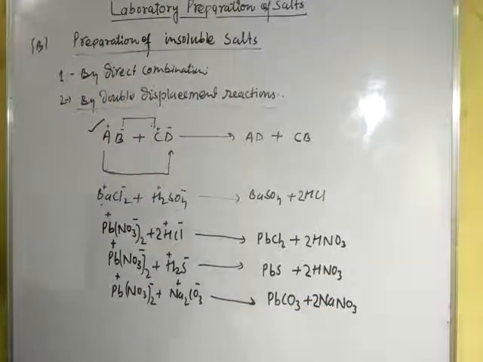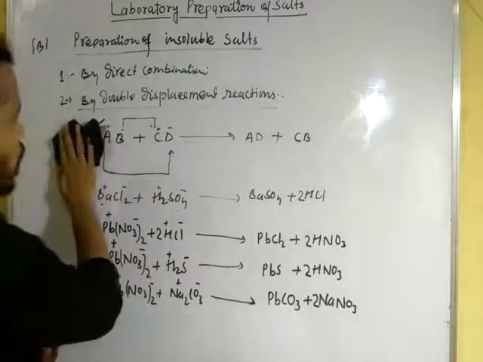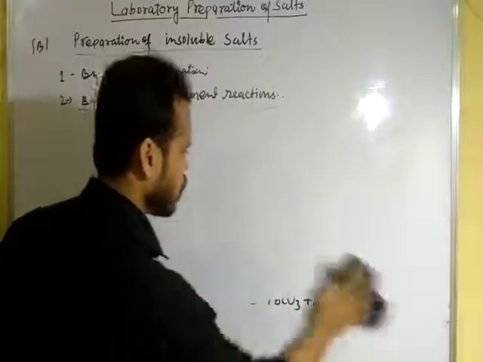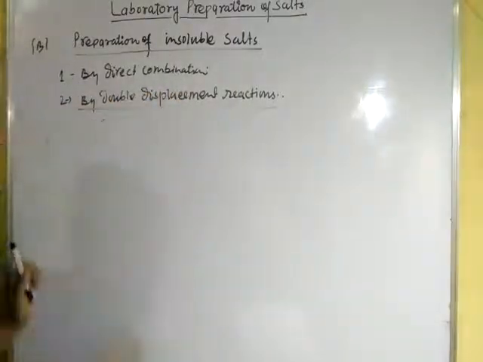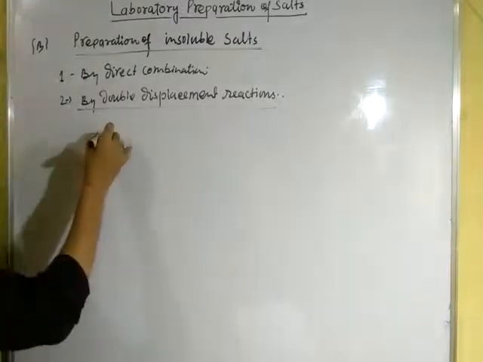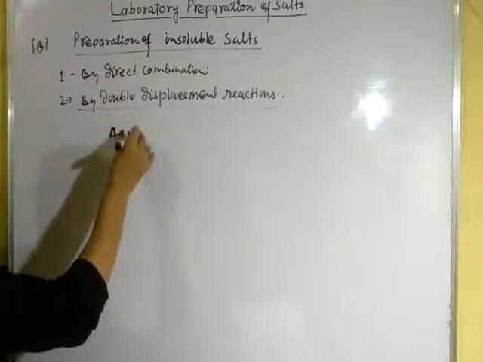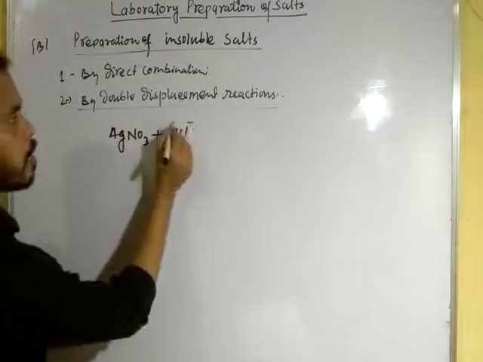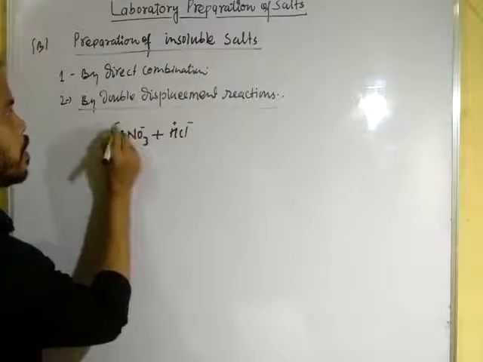Let us see another example. When silver nitrate, AgNO3, is treated with HCl, you know this is the negative part, this is the positive part, negative part, positive part.